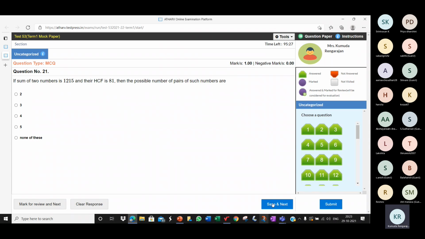Now what is the question? The possible number of pairs of such numbers are. Now make a guess.